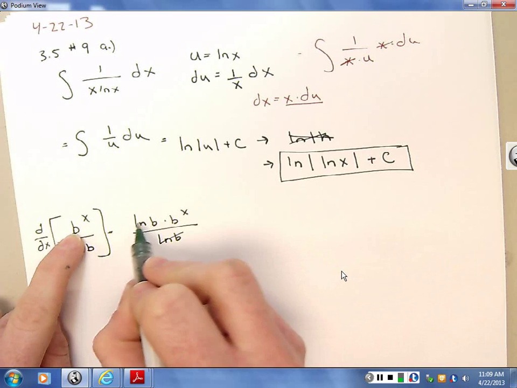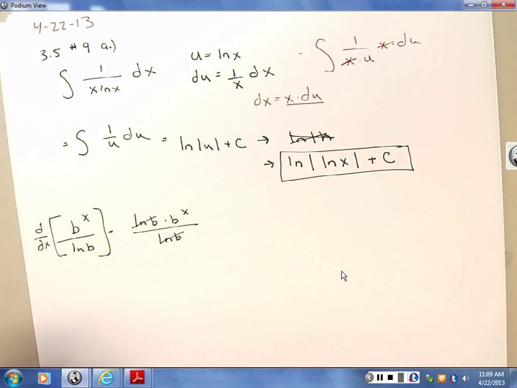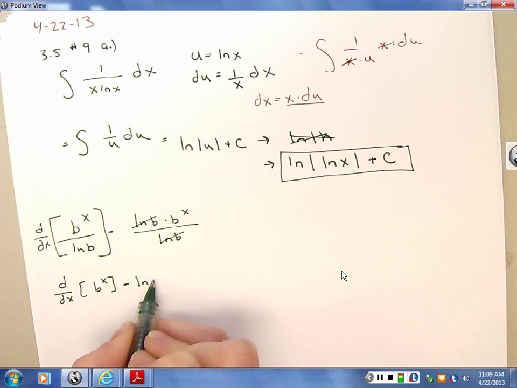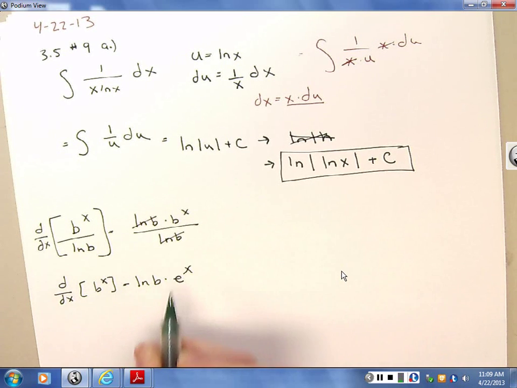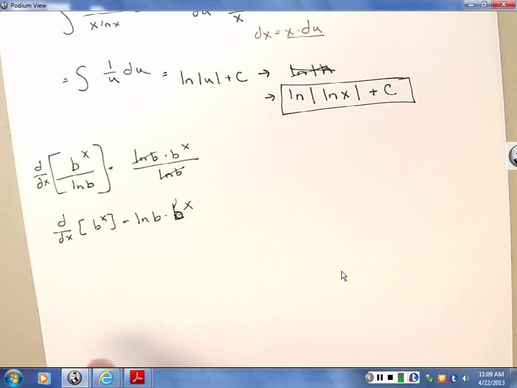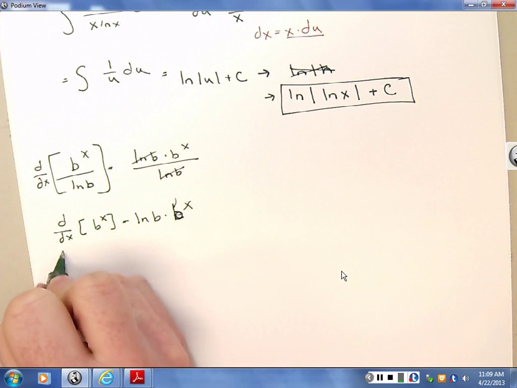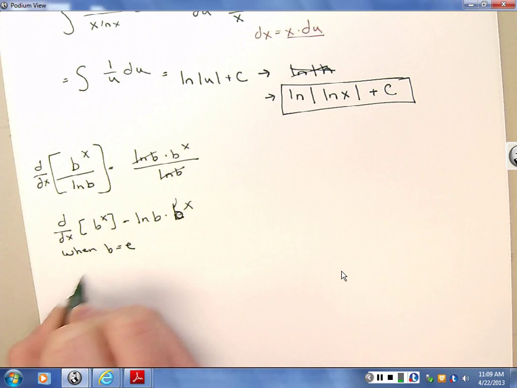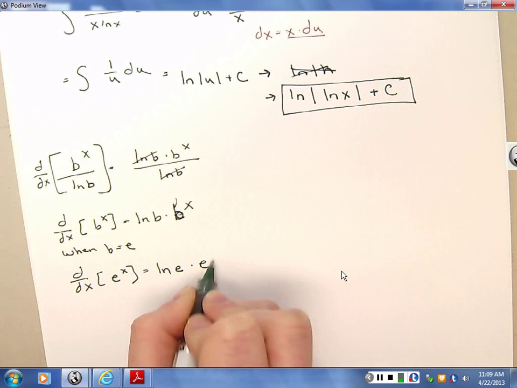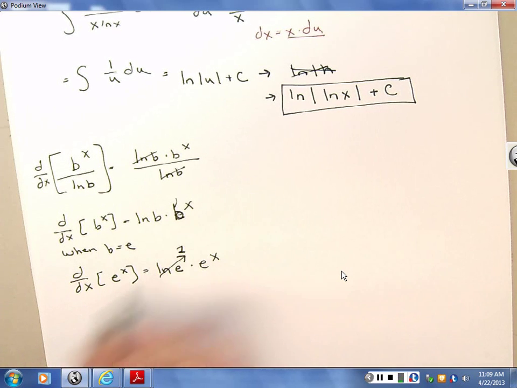In this special case when b is e, the derivative with respect to x of e to the x is really ln of e times e to the x, but ln of e is 1.